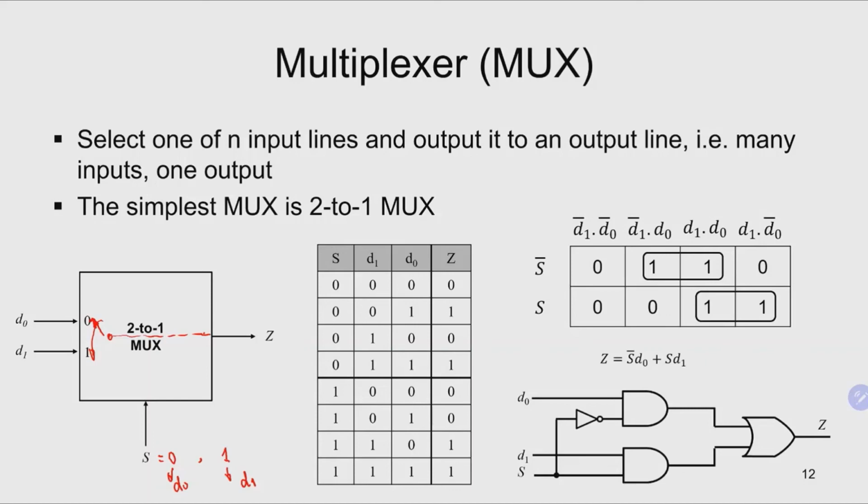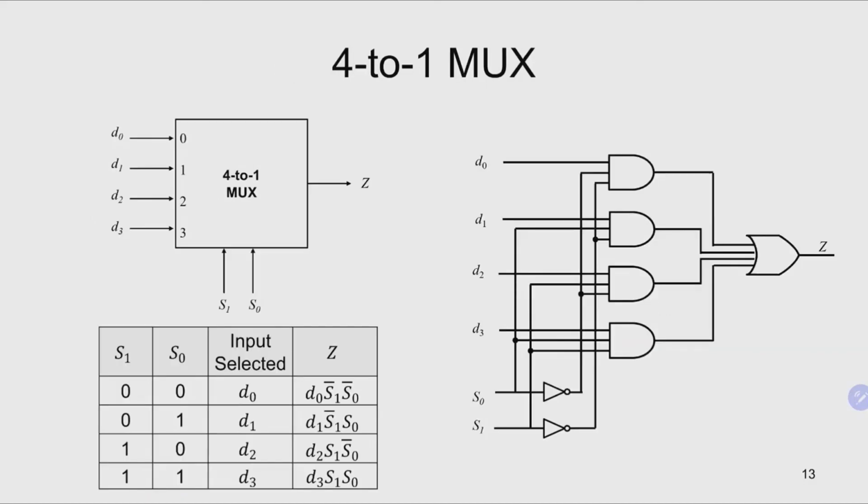Four to one. We have 4 inputs that we want to connect to one output. Again, you can think of this as a switch that we rotate from 0 to 3 to connect to my output.